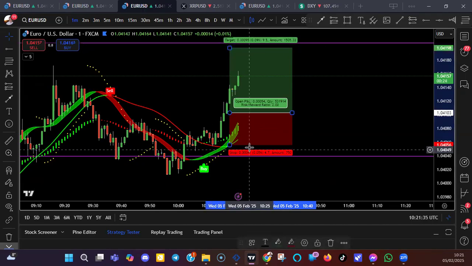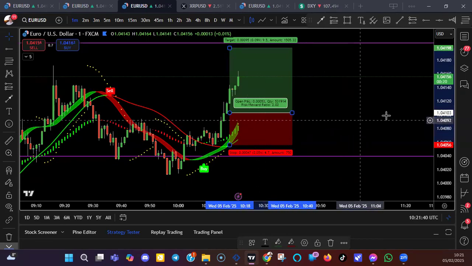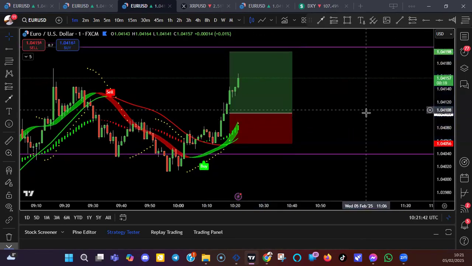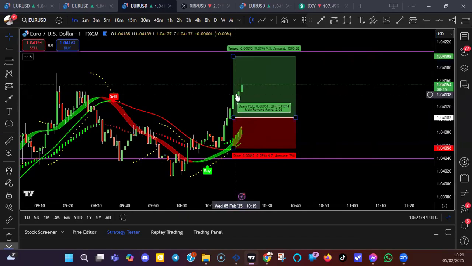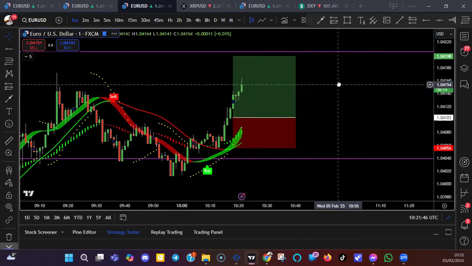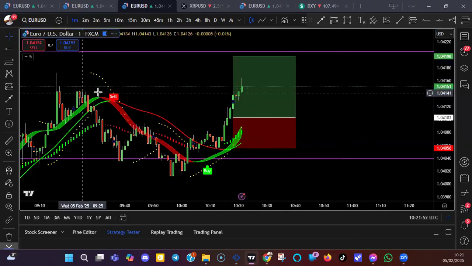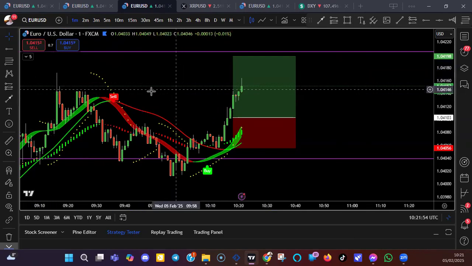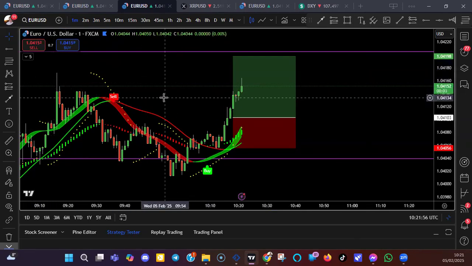That was assuming a 2.2 stop loss, but we actually had a 4 pip stop loss. So that's where I took the money there, about 1%. Because of the rangy conditions and all that, I don't want to push it too much. 1% is very good.